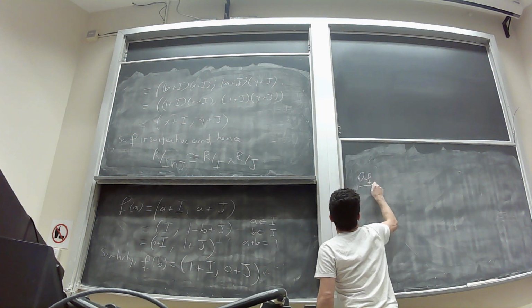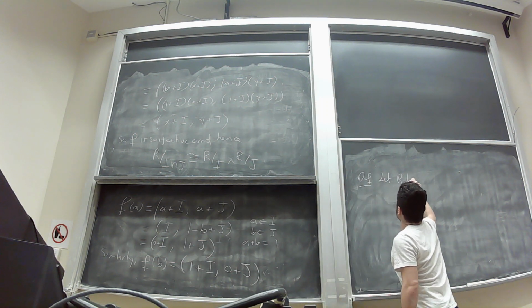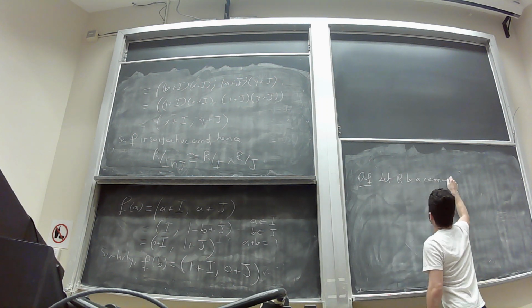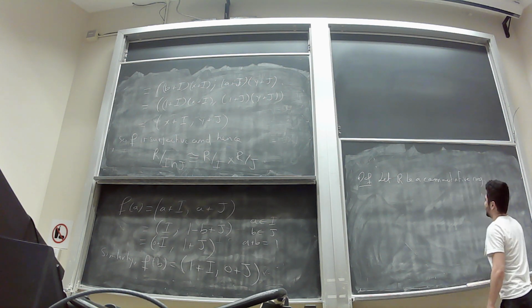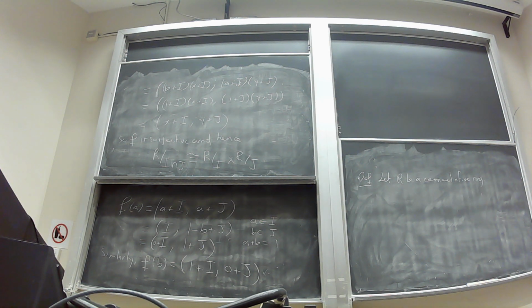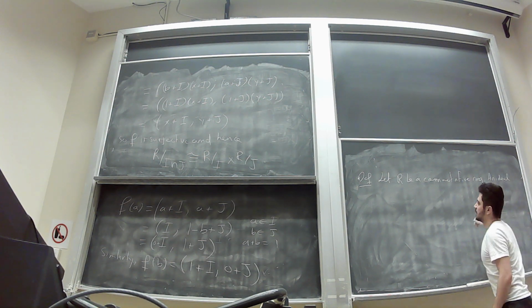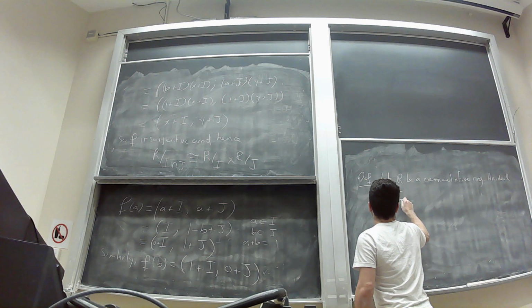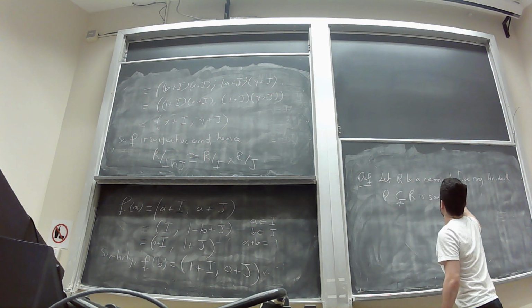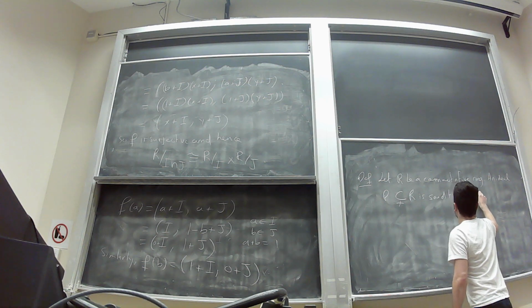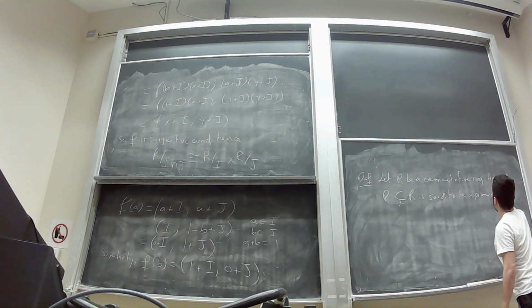Definition. Let R be a commutative ring. An ideal P strictly contained in R is said to be a prime ideal. I mean, they do maximal ideals as well, but I will not do it.